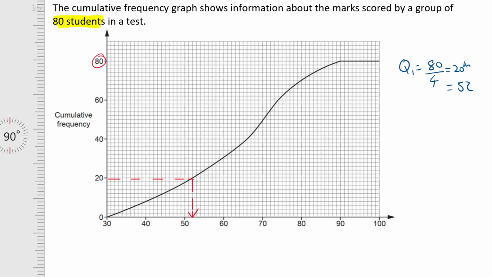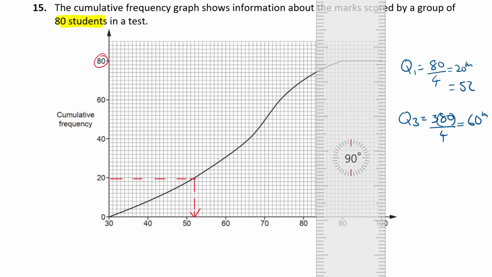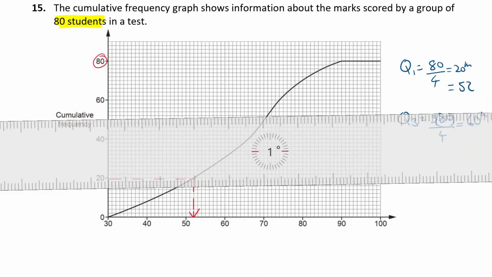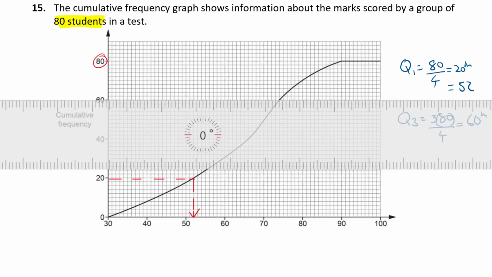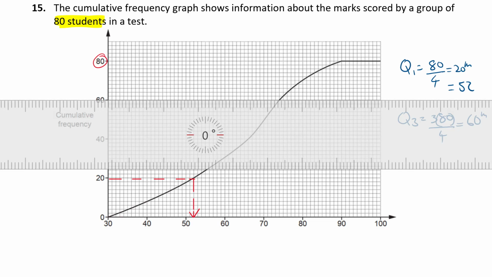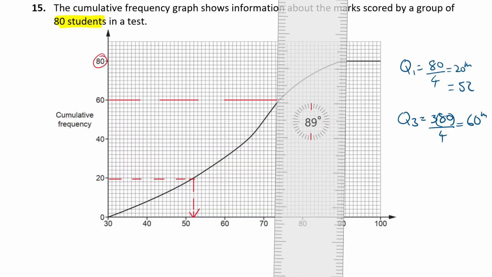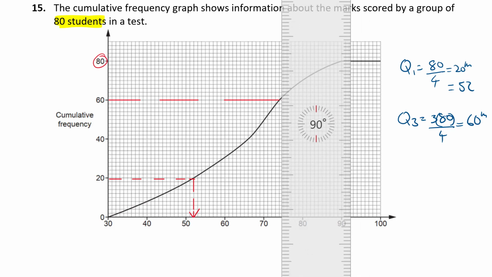Right, so where's Q3 then? Q3 is 3/4 of the way through your distribution. So we take our number of elements, times it by 3, and divide it by 4. So that is going to be the 60th value on our graph. Again, we're going to take our ruler, find 60 on our graph, and read across from 60 until we hit that curve, like so, and then we're going to change directions and read down.